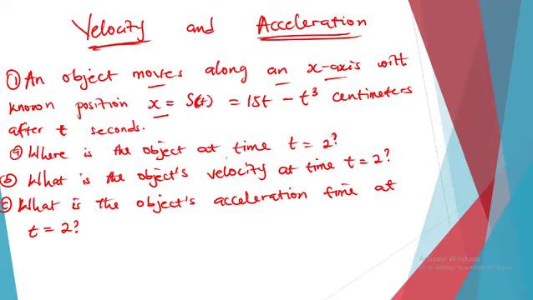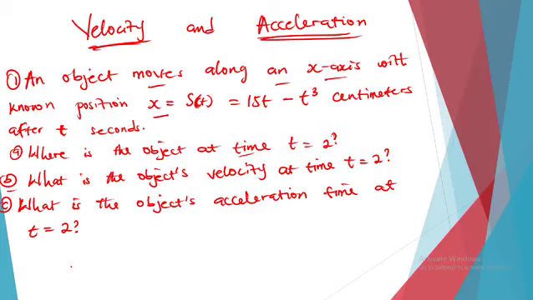A, where is the object at time t equal to 2? B, what is the object's velocity at time t equal to 2? C, what is the object's acceleration at t equal to 2?